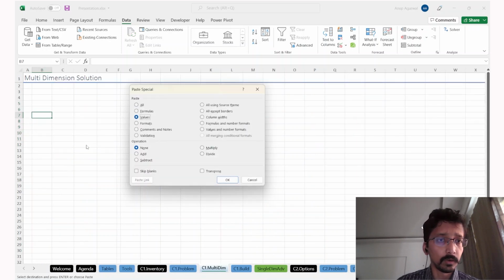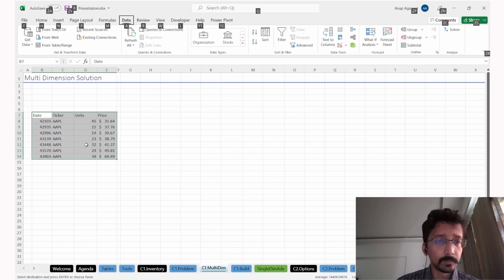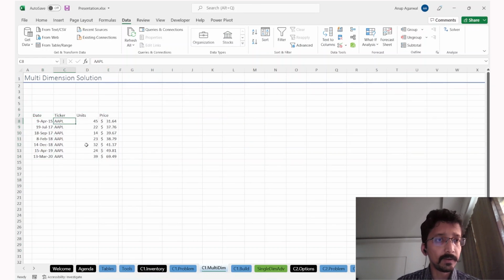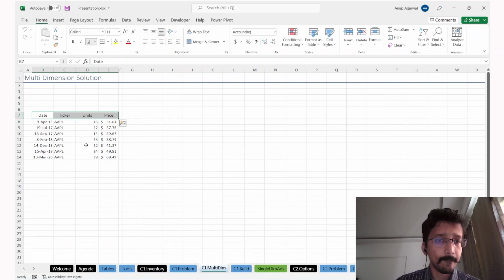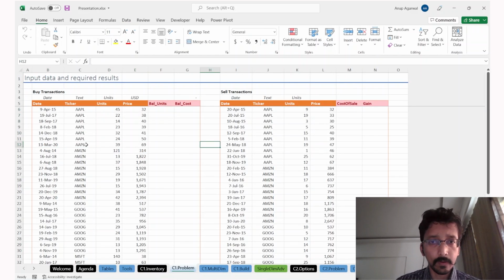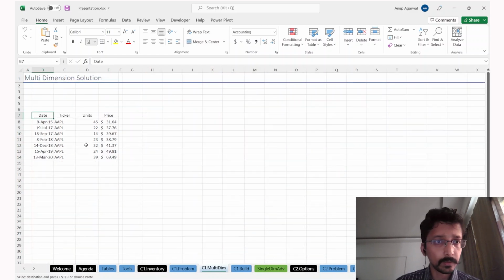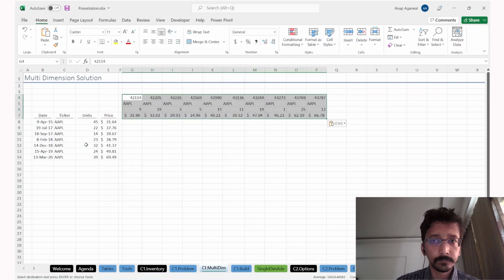So it is actually, I think, pretty straightforward to build a multi-dimension solution here. Let's say I put all the buy transactions here. And then all the sale transactions here.